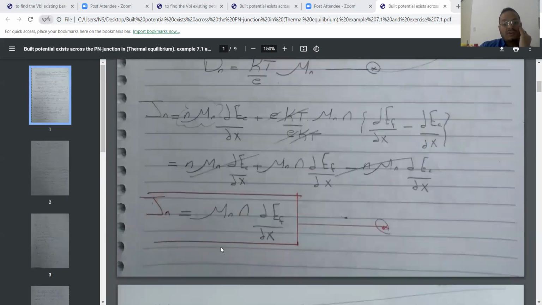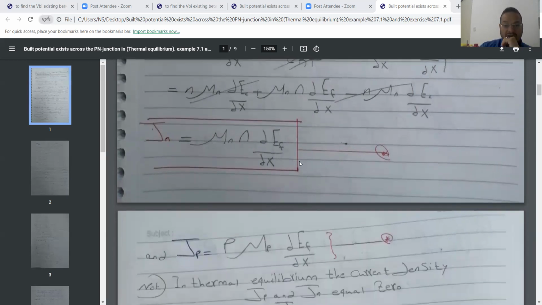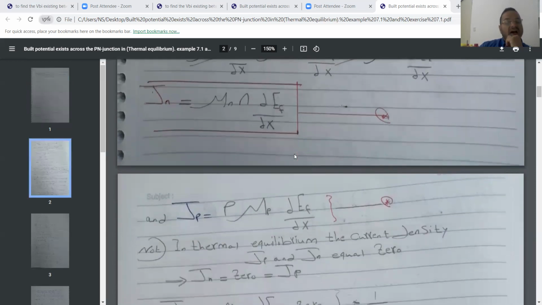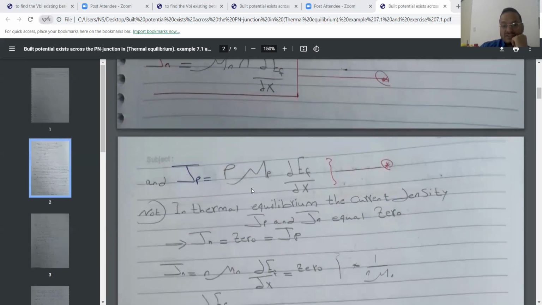This equation will be important to us, which is why I use the red pencil here, because we will come back to it. And after that, from the same equation, we can calculate the current density of holes, which equals the concentration of holes times the mobility of holes times the derivative with respect to x of the Fermi level.